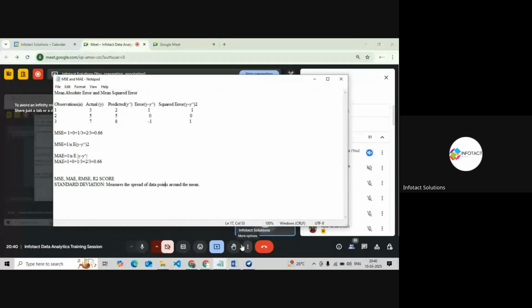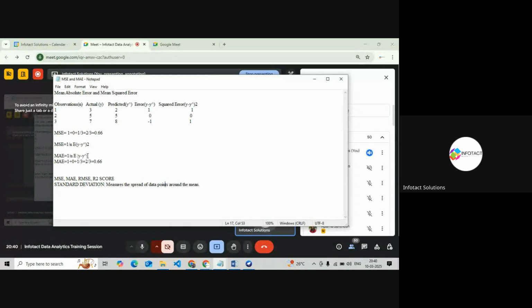When you're talking about root mean squared error and mean absolute error, we are evaluating the model in regression-based tasks. First one is mean absolute error, MAE. MAE is the average absolute difference between the actual and predicted value.